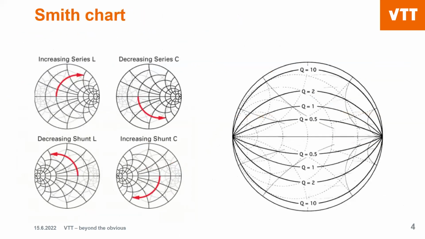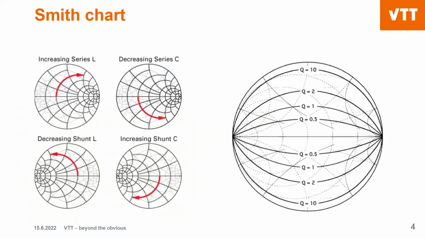Then the next step would be that we would need to design the input matching network for the transistor that was selected in the previous slide. Yesterday Miguel showed the Smith chart. I find it very useful in the LNA design. Some people do it without a Smith chart, especially at lower frequencies.